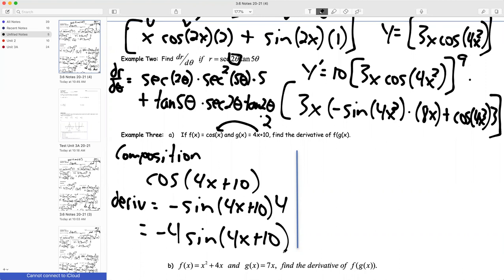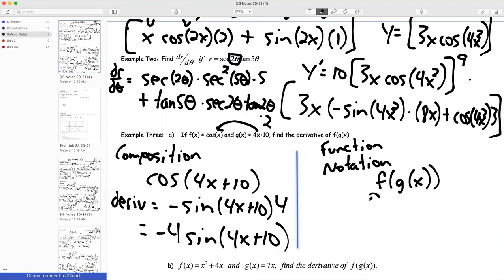So that was the composition way. This is the function notation way. With function notation, we have f of g of x, and to take the derivative, we always do this: f prime, the g of x comes down, and then we multiply by the derivative, g prime of x.